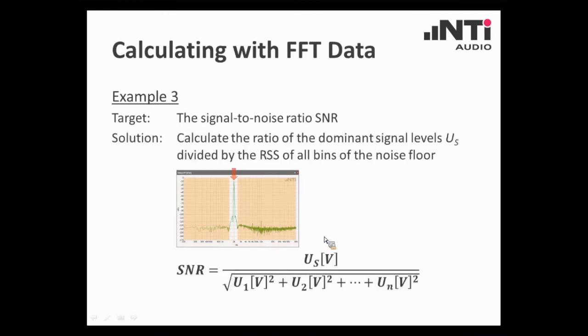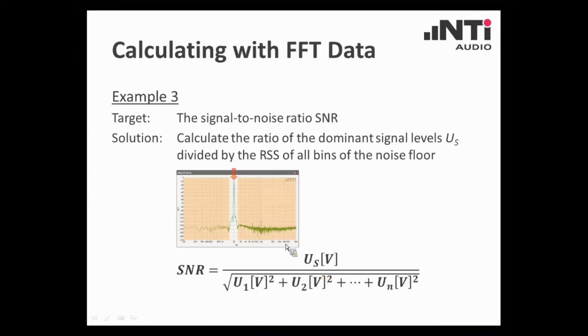Again, same approach. This time we build the sum of these bins to the left and to the right with the same formula. By the way, this is the RSS calculation. RSS stands for root sum square, the square root from the sum of the squared bins. And this time we use this formula together with a fraction.